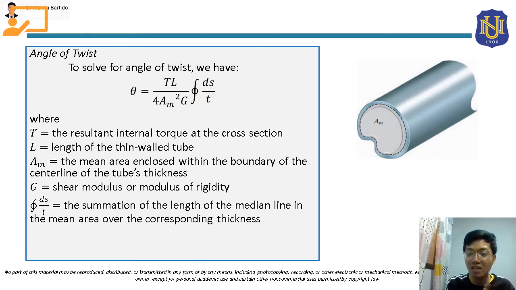That is the corresponding thickness for that median line. There are also cases, class, where one portion of the median line has a different thickness, and the other median line has another corresponding thickness. So we have to consider that.